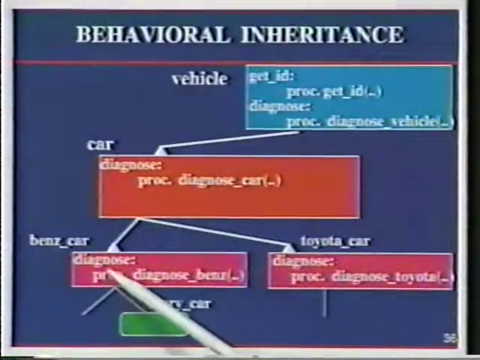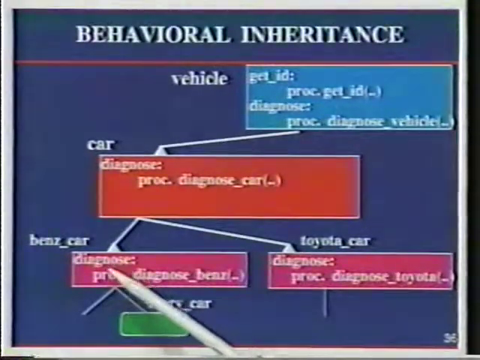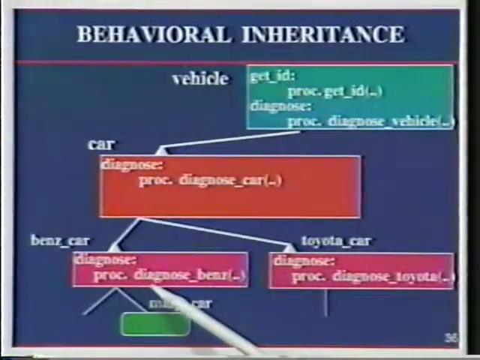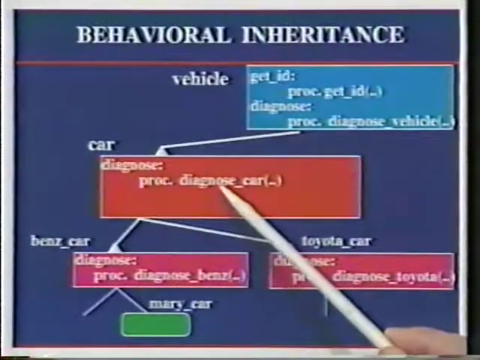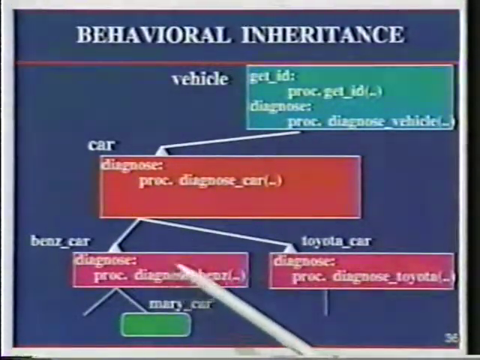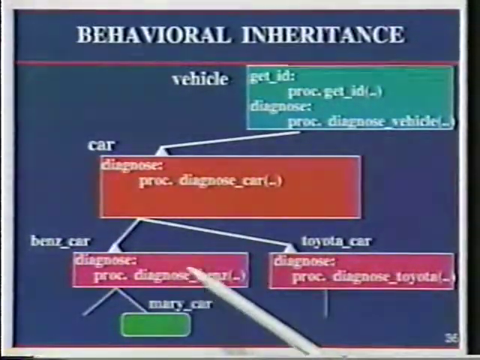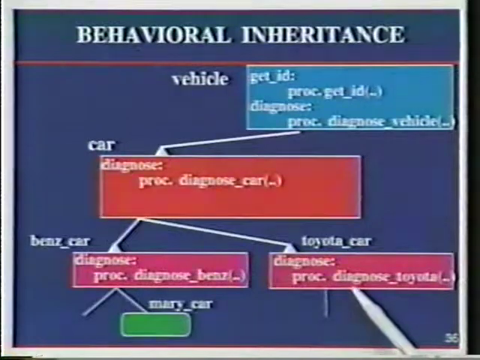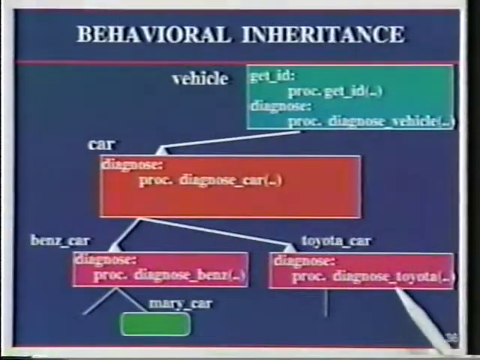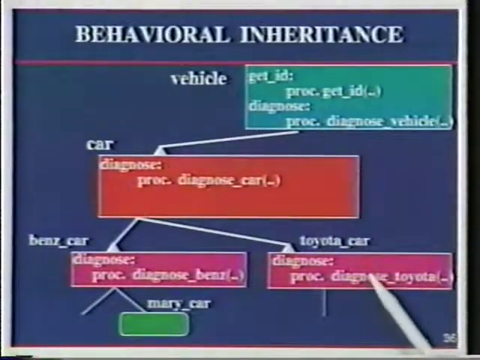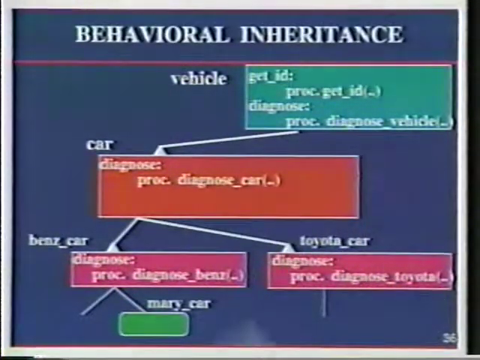I can go further down, and for BENZ CAR, if I send a message called diagnose, I have a procedure called diagnose BENZ, which is very similar to diagnose car with certain changes in here. Similarly, diagnosing a Toyota car is very similar to car diagnosis, except that it has certain subtleties which are not the same for all cars.